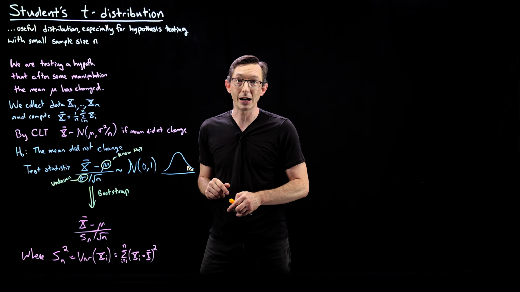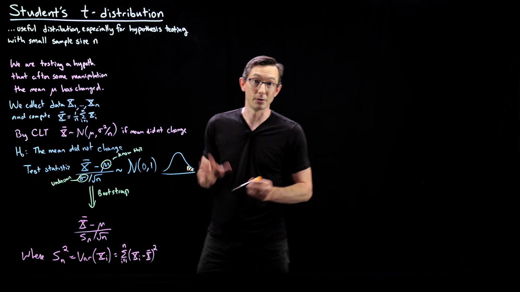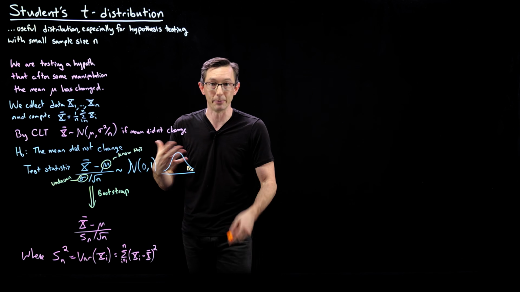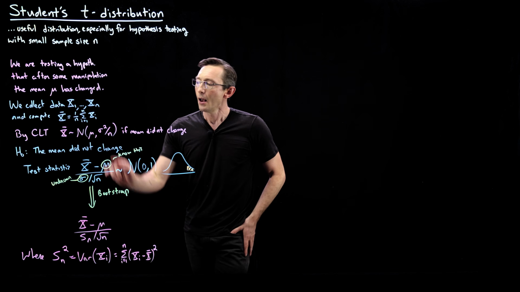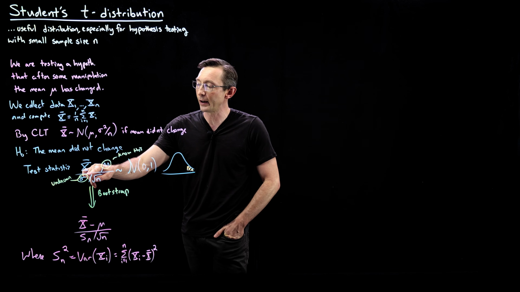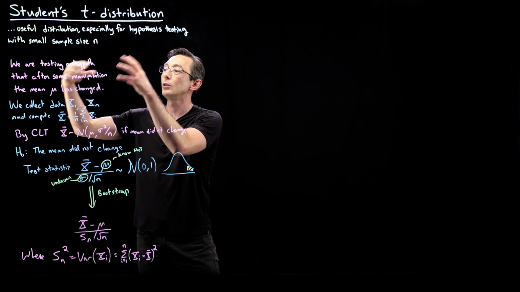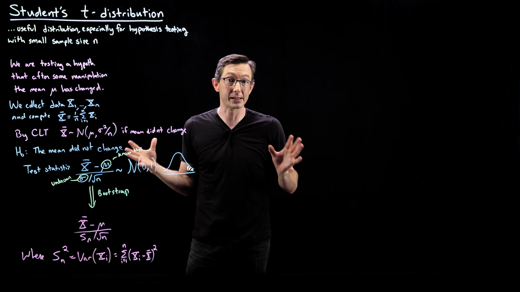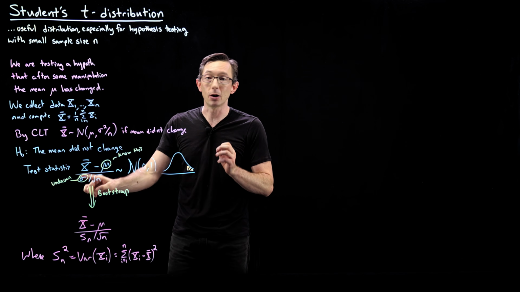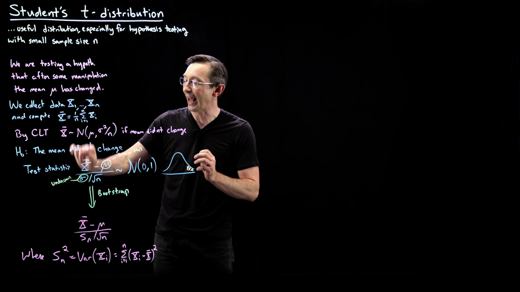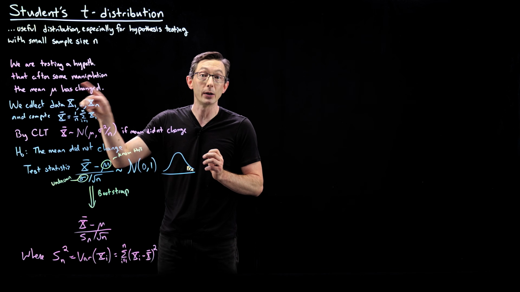But if it lives in this rejection region, then the mean did change, probably, within that statistical significance. But this assumes that you know the standard deviation sigma of the actual underlying distribution of the system. We often don't have access to that, and so we have to estimate that sigma from the data we collected.